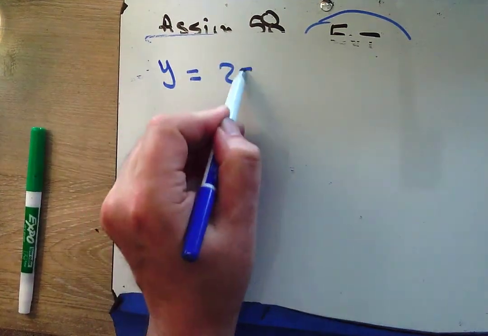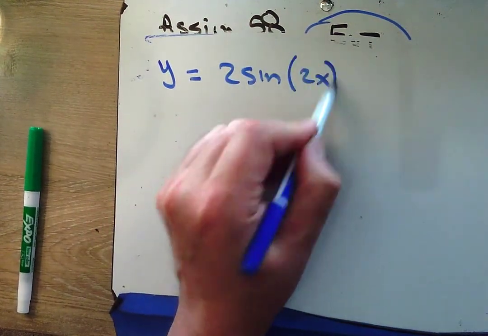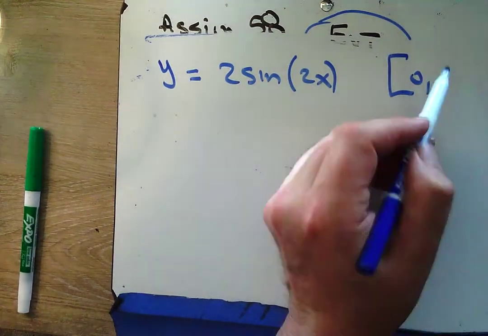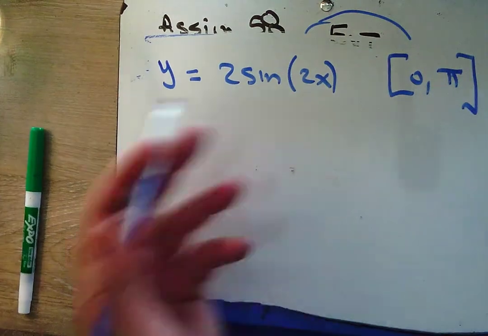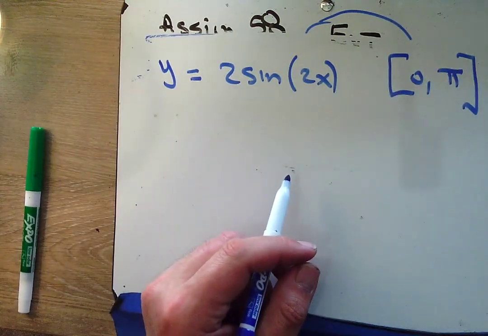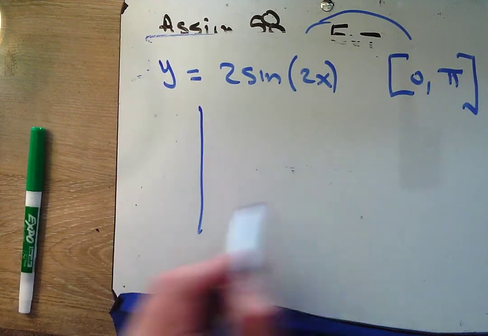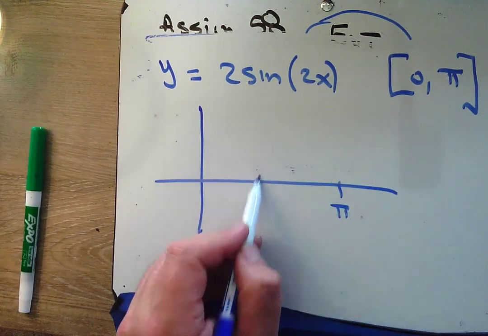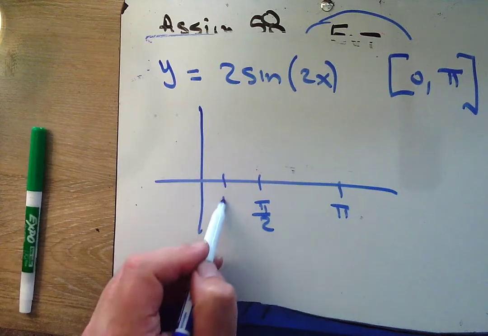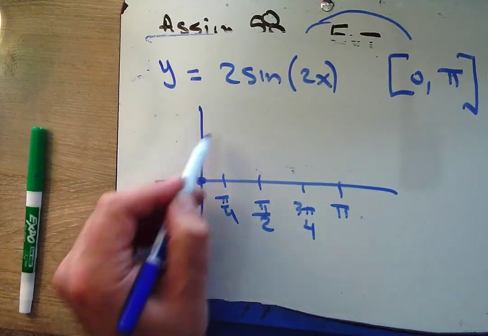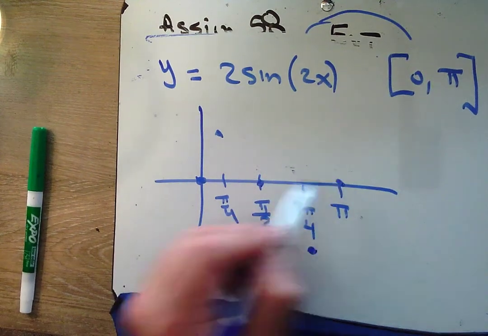y equals 2 sine of 2x, and we're looking at 0 to pi. Tell me about the mins and maxes here. Well, because we're excellent graphers, we know there's pi over 2, pi over 4, 2 pi over 4, and we've got a sine graph.